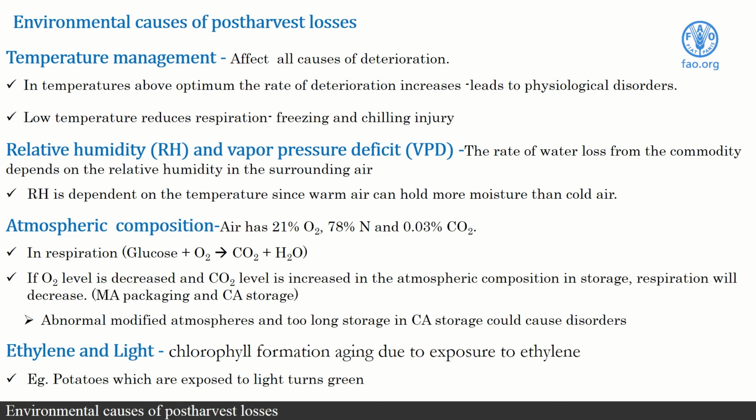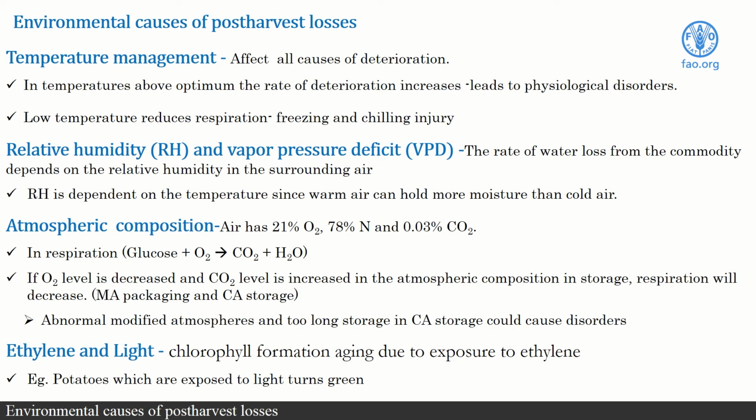If the O2 level is decreased and the carbon dioxide level is increased in the atmospheric composition in the storage, respiration will decrease. However, abnormally modified atmospheres and too long storage in controlled atmospheric storage could cause disorders. We will cover this part in the next session.